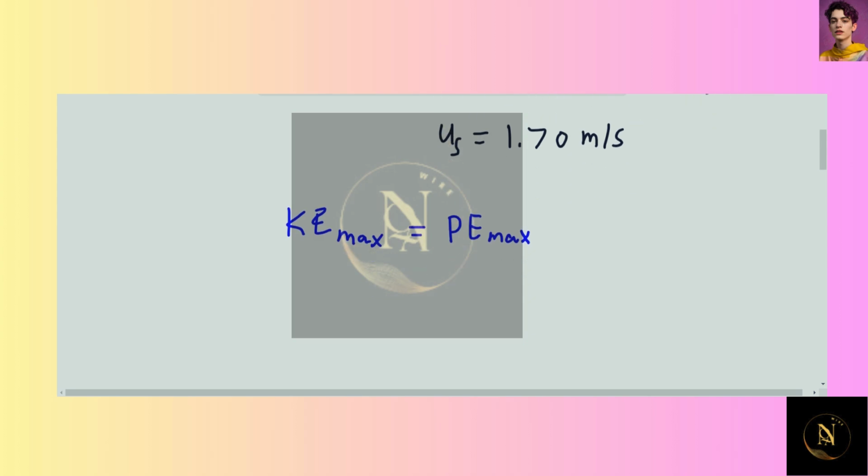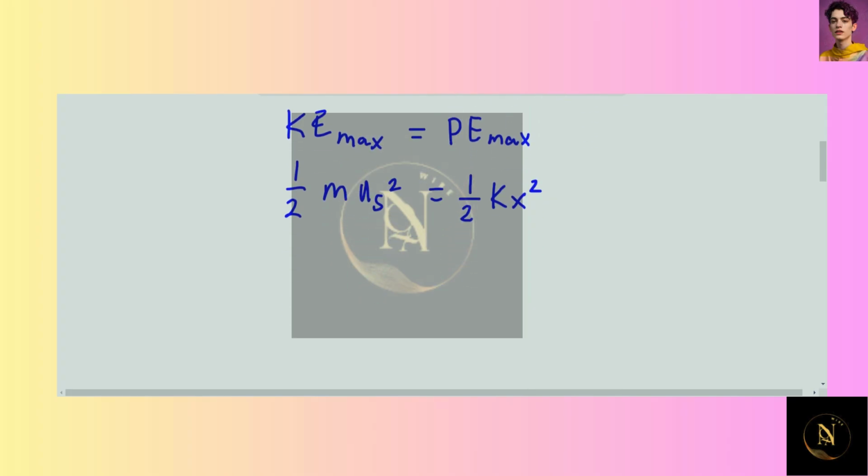So we can calculate the KE max because we do have the maximum speed. So that's going to be 1/2 m US squared. And the maximum potential energy of a simple harmonic oscillator is 1/2 k x squared, where x is the amplitude. We know the amplitude is 17 centimeters.